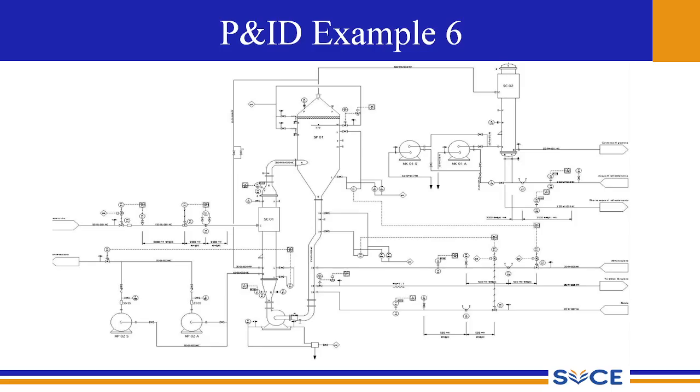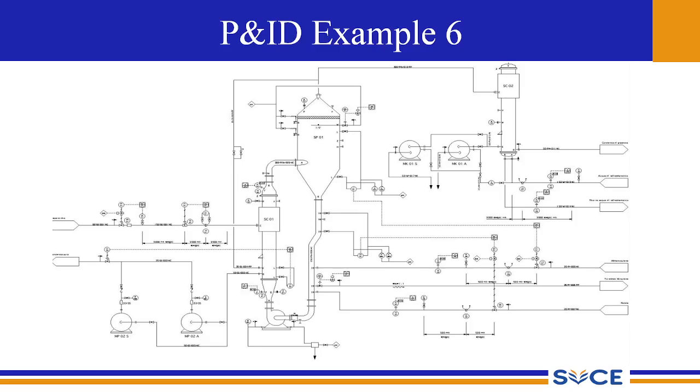So we have to look at those connector symbols. We have to indicate the size of the line and the material of construction, and we can also have a table to represent the mass flow rates of the different lines, and we can also have the legend to indicate the utility connections, the various valves and so on.